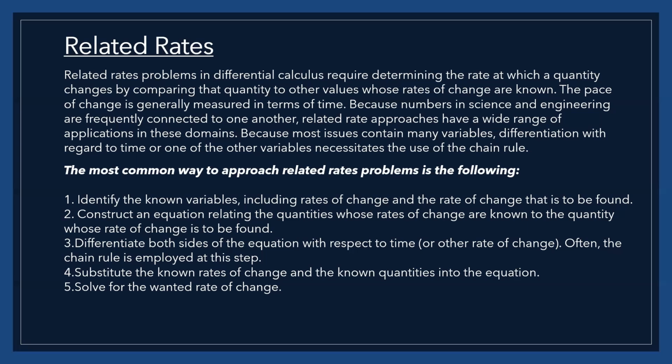Third, differentiate both sides of the equation with respect to time or other rate of change. Often the chain rule is employed at this step. Fourth, substitute the known rates of change and quantities into the equation. And the fifth is to solve for the wanted rate of change.